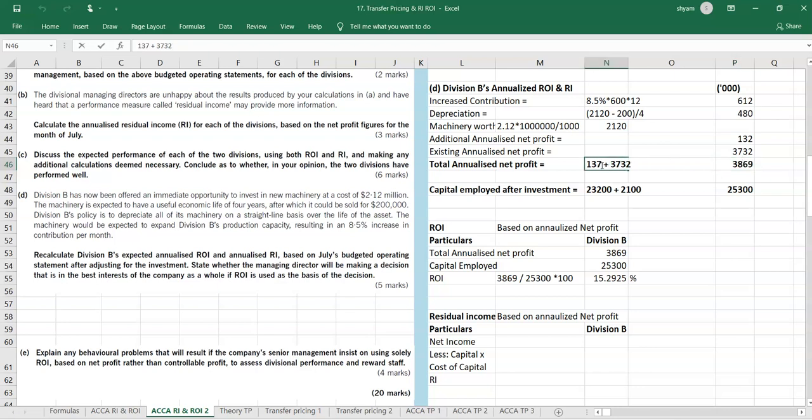So this is 132. So it's 3864. And the investment would be 2120, the asset value that we purchased. So our number would be 25320.